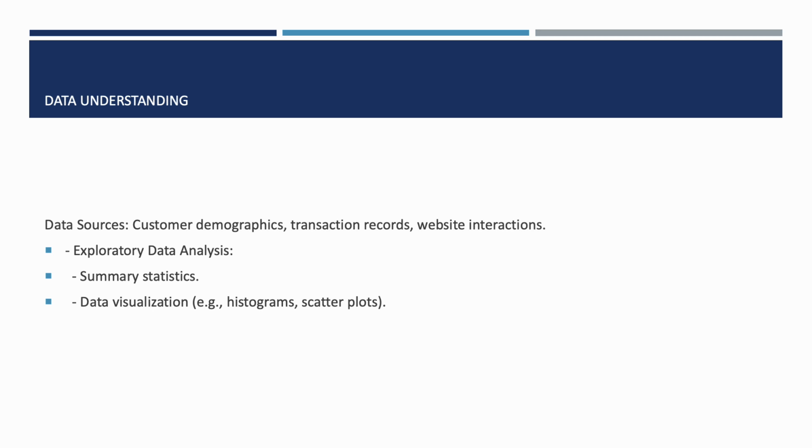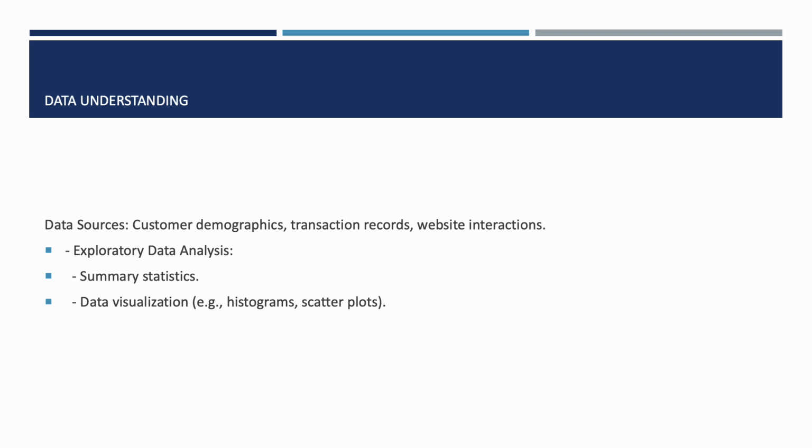Now we'll see exploratory data analysis, EDA, where we have summary statistics, which involves calculating key metrics such as mean, median, mode, and standard deviations to get an initial understanding of the data's distribution and characteristics.